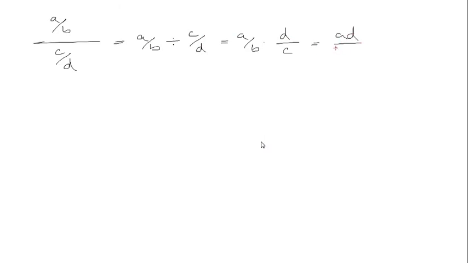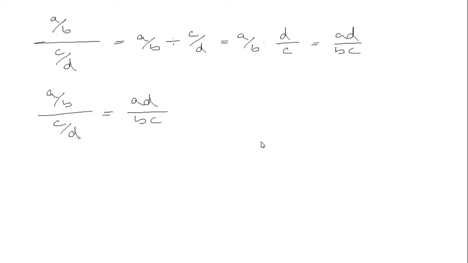You can also express a division like this: a over b over c over d. This is just a division. This is a over b divided by c over d, which is a over b times d over c, which is ad over bc. So you could take a shortcut and just say that this is ad over bc.